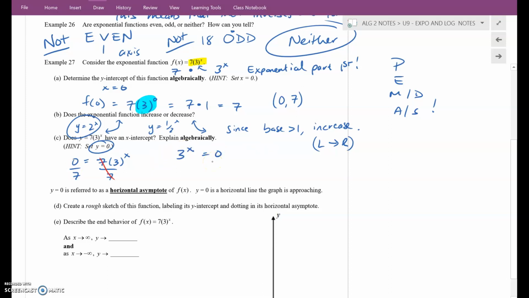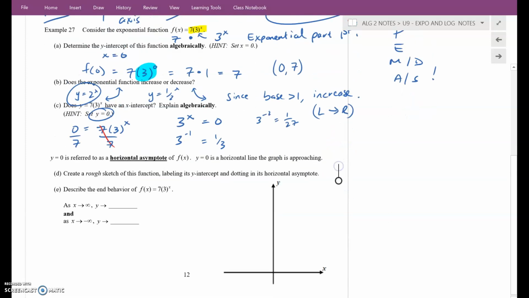You have to find a value that you could put in there that would make 3 to the x power 0. The problem with that is, as you saw with negative exponents, they are going to get closer and closer to 0, but they're never actually going to touch. We're just going to get a smaller fraction every time.